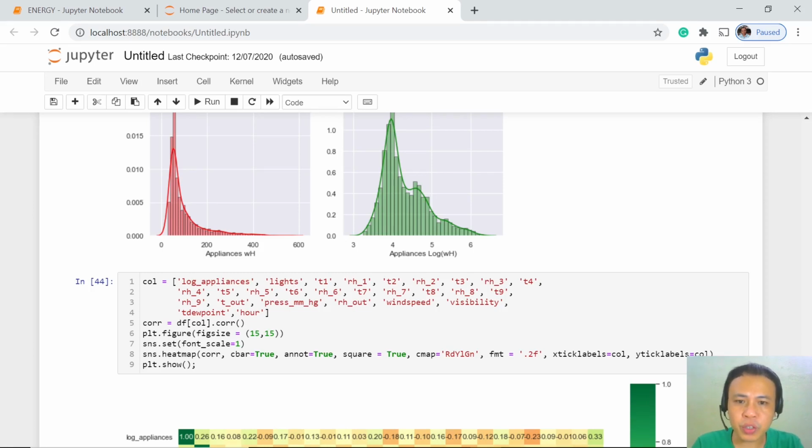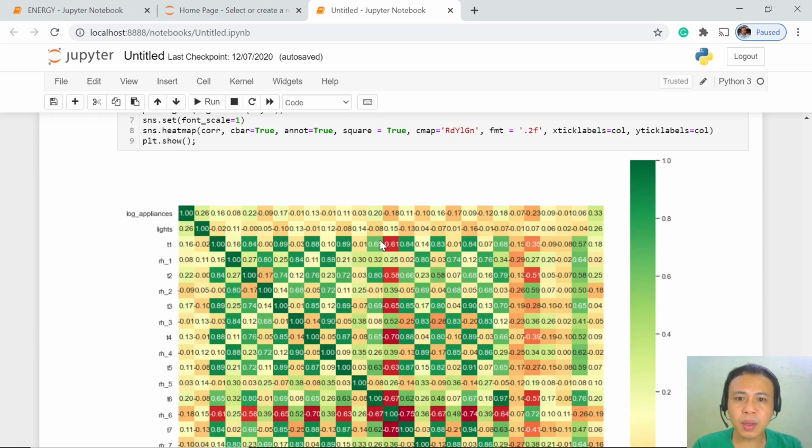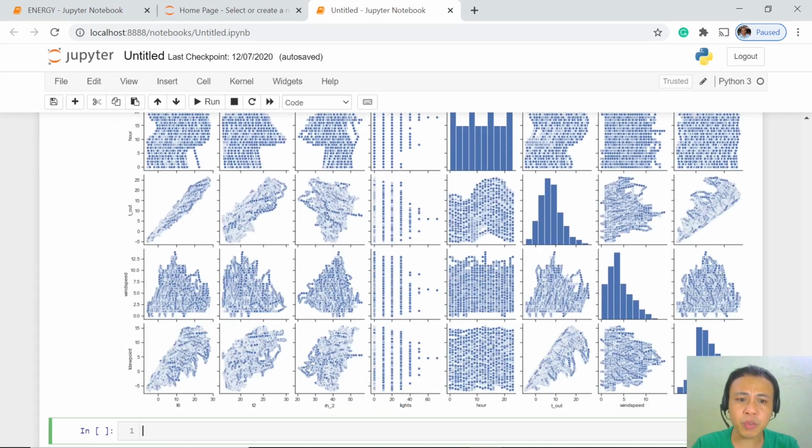So we first understood why we did the transformation, and we identified the correlation of the features with our log appliances. Based on these correlations, we have also identified the linear independence of our features, and based on this linear independence, we've identified which of these can be used for our modeling.